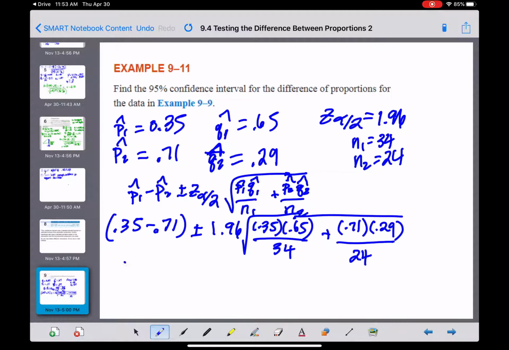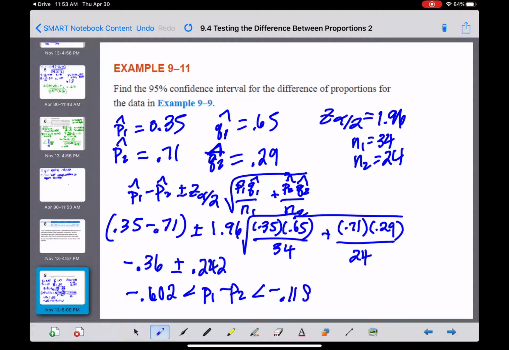So we get negative 0.36 plus or minus 0.242. So we get negative 0.602 less than P1 minus P2 less than negative 0.118. Okay, so that is our confidence interval. Let me know if you have any questions.